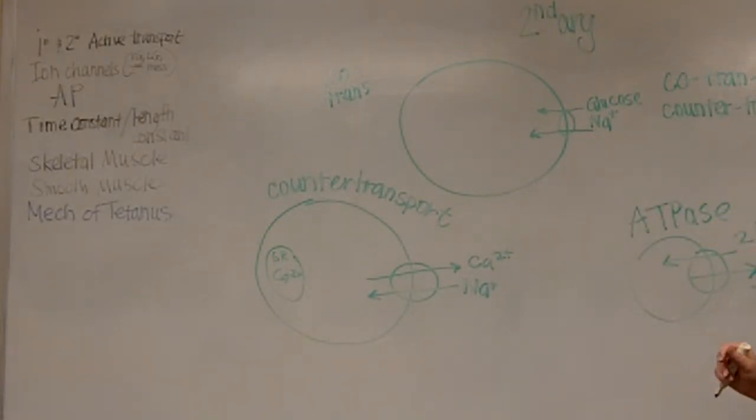So the primary active transport is the sodium potassium ATPase. And the co-transport and the counter transport, are those secondary transports to the primary sodium potassium ATPase? Well, they're not really connected in any way.